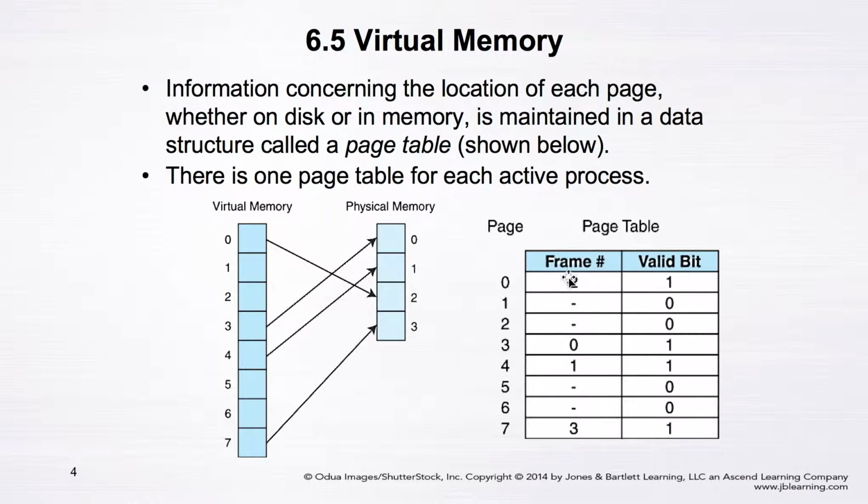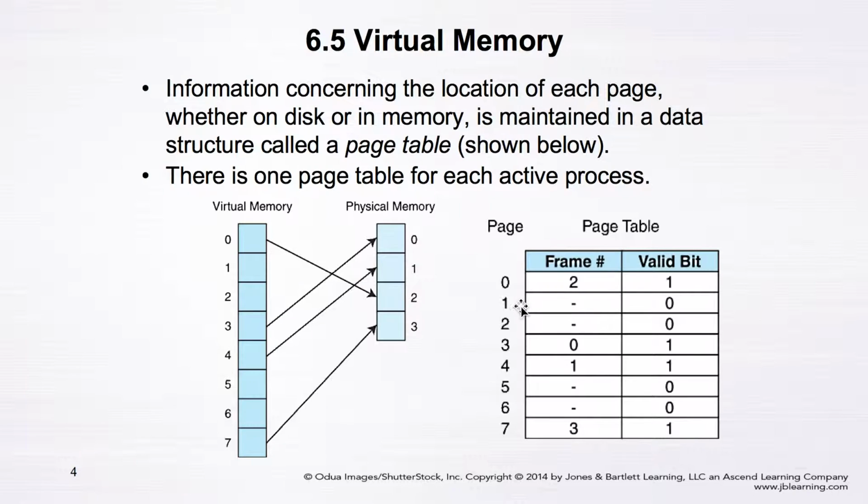We can see that page 0 has frame number 2 in the physical memory, corresponding to the frame in the physical memory. When that's the case, we have the valid bit equal to 1.